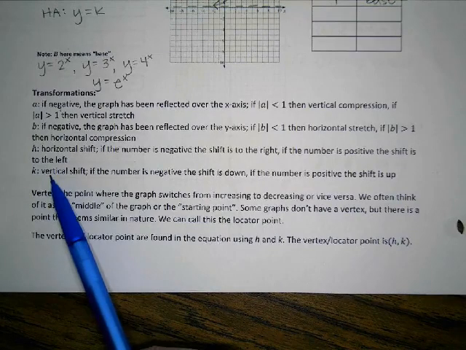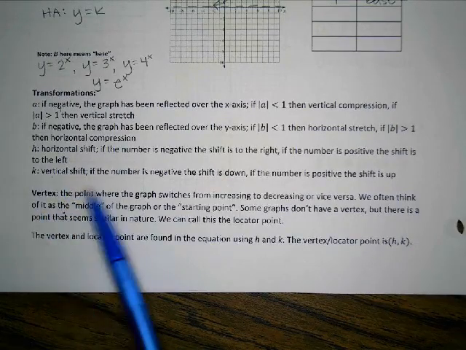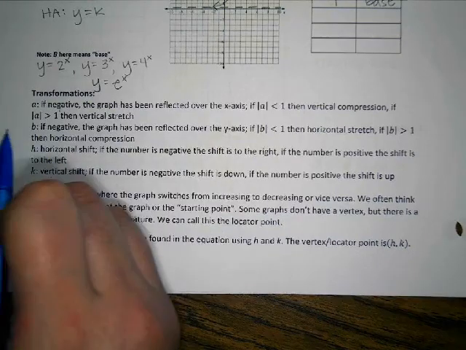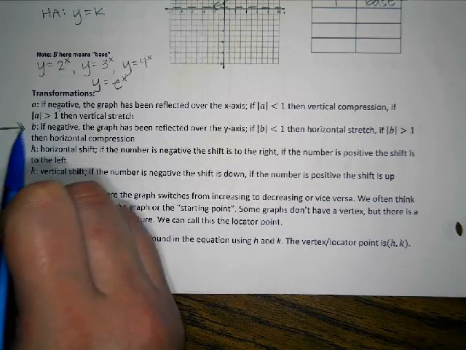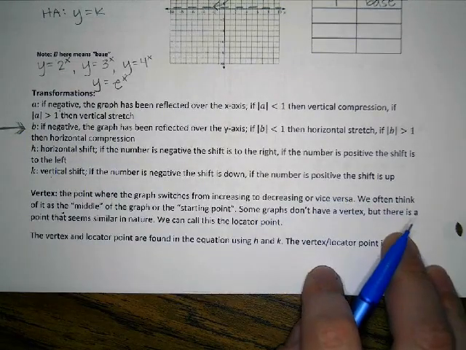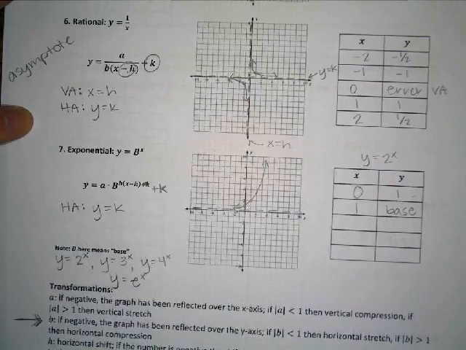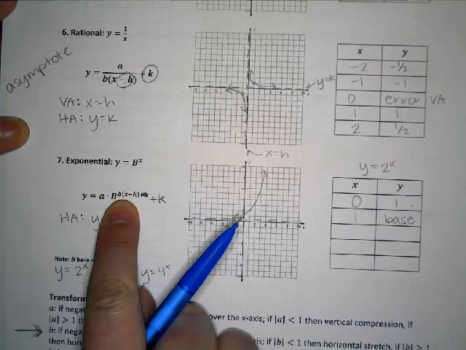The part that is new, that a lot of people missed questions on the first unit when we did this, was the b value, because you didn't learn about it in Math 3. It is new to Math 4. We have to be really careful about looking at the inside of the function. For exponential, that's the exponent. For rational, that's the bottom of the fraction. For cube root, that's the inside of the radical sign.